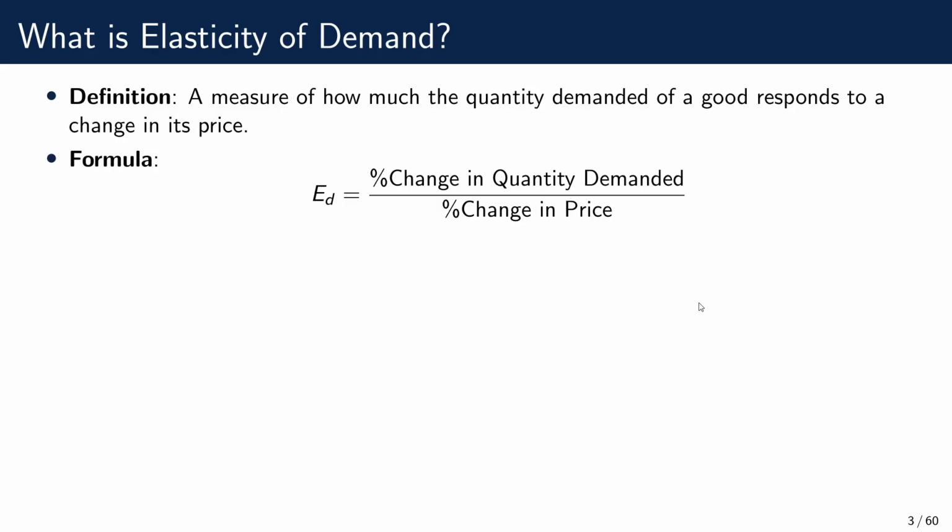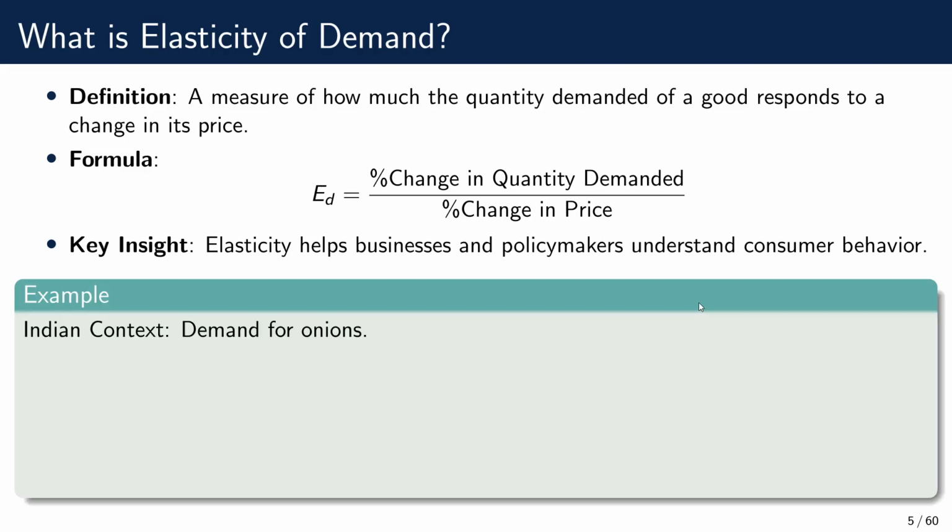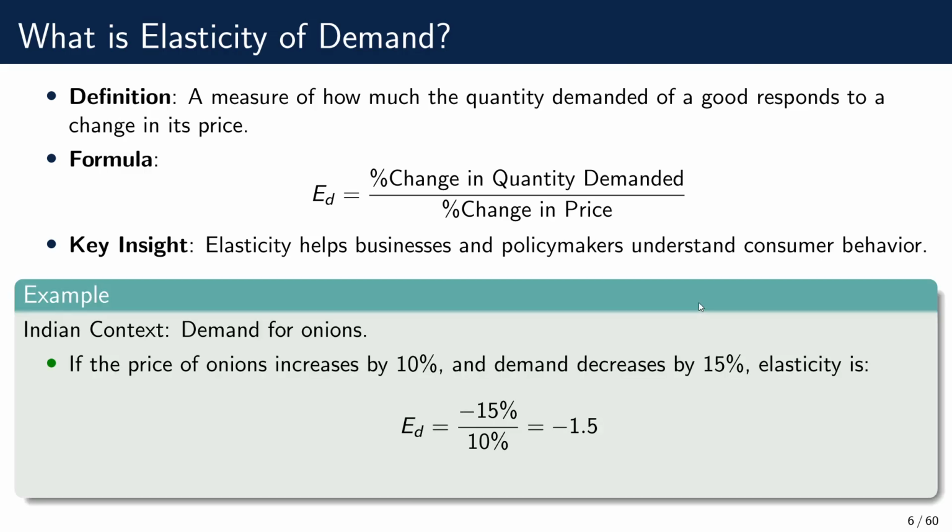And if you remember, the formula is percent change in demand divided by percent change in price. The key insight is that elasticity helps businesses and policymakers understand consumer behavior. Example, demand of onion. If the price of onion increases by 10%, the demand will decrease by 15%.